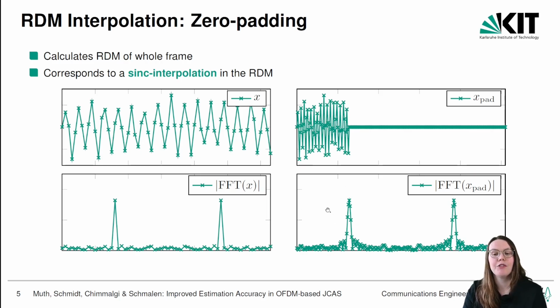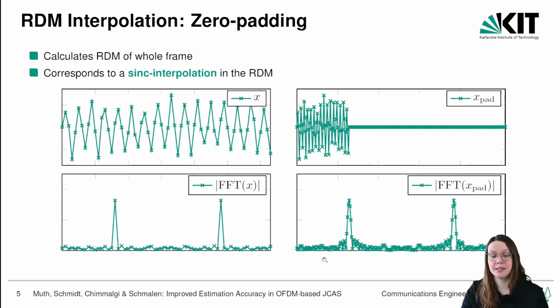And we can see if we apply the zero padding, we get a lot more points here around this peak. And through this interpolation, we might get a better estimate than just this point. We might see that the one slightly to the left or slightly to the right is better at that point.